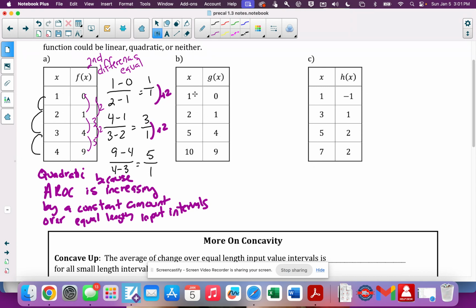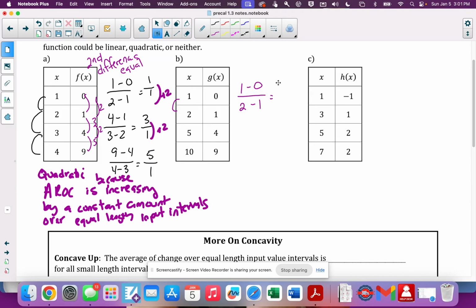All right, so unfortunately for B, we're going to have to do this the long way because we don't have the points that we want as far as equal intervals. All right, so let's do the first 2. So 1 minus 0 over 2 minus 1, y's over x's.